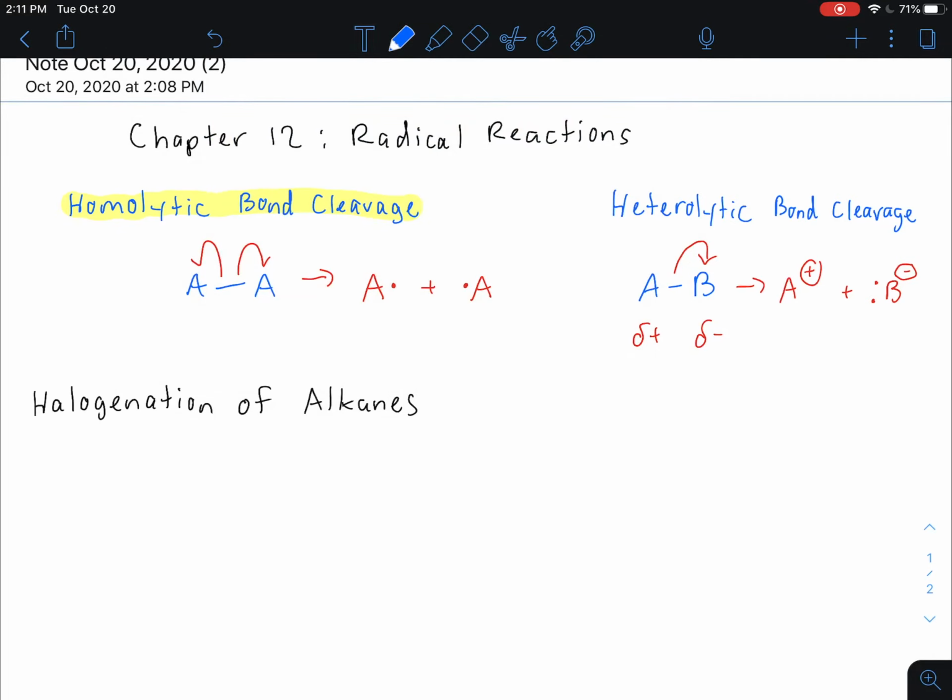And the simplest example would be taking ethane, reacting it with, let's say, chlorine, and installing through a substitution reaction one chlorine in place of one of the hydrogens.